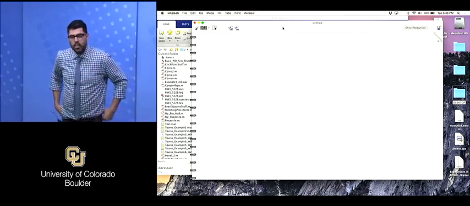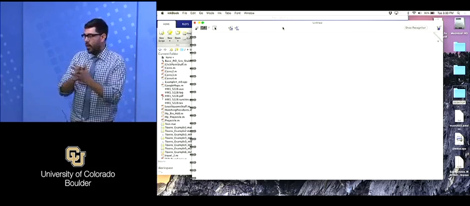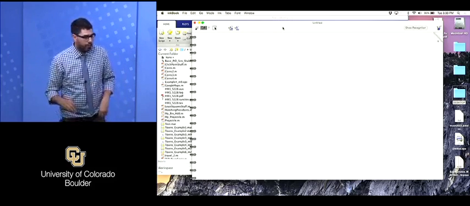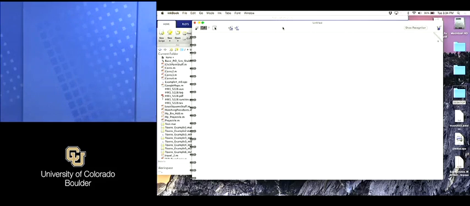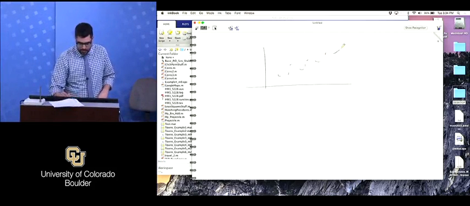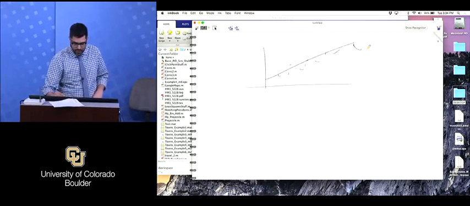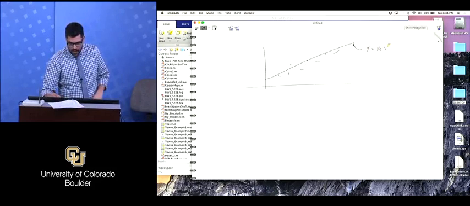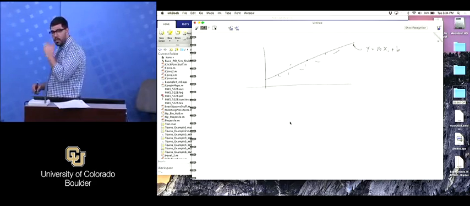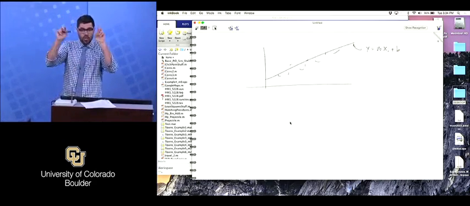Okay, so let's continue with least squares and looking at it from a different perspective than you've seen it before. Okay, so we're back to this. We started off with this problem. You have data points, and we're trying to fit y equals m x_i plus b, and we're trying to get as close as possible.